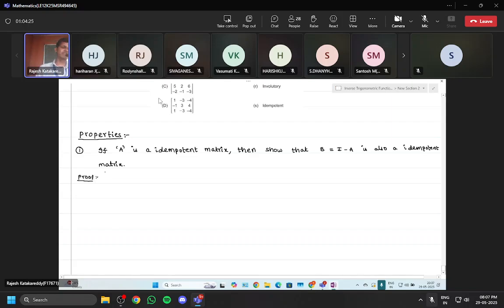Try once. They have given: if A is an idempotent matrix, then B equals identity minus A is also an idempotent matrix. We need to show that. So how are we doing this?